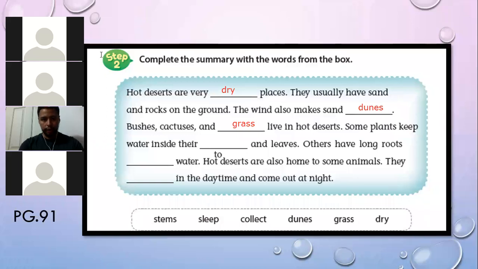Okay, I need another volunteer who can help me this time. Let's see, we have the answers. All right, Natalie, please activate your microphone and help me. Continue reading, please. Natalie, can you activate your microphone?